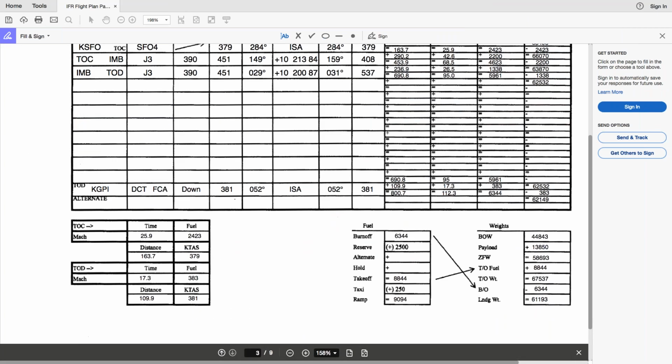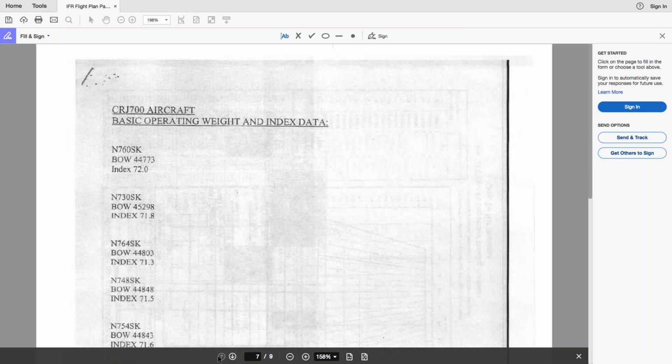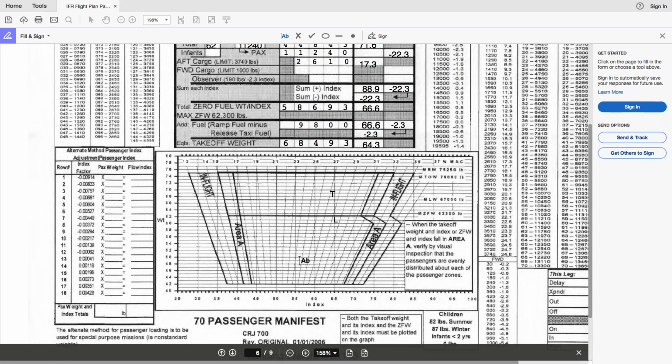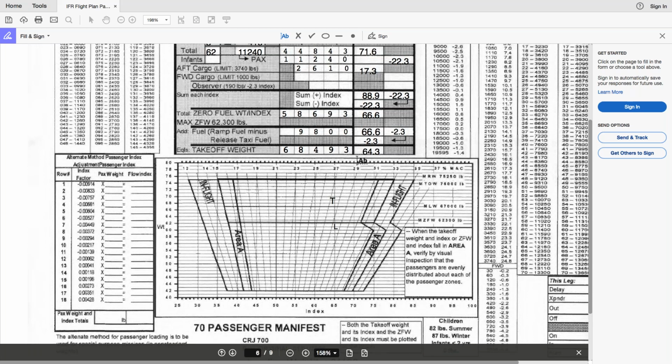Okay, so let's go back down to our weight and balance. We come to our index that we got on our takeoff numbers. Our takeoff index was 64.3, followed all the way up to the top, and that gets us pretty close on this percentage of MAC. That gets us pretty close to that 27, right?